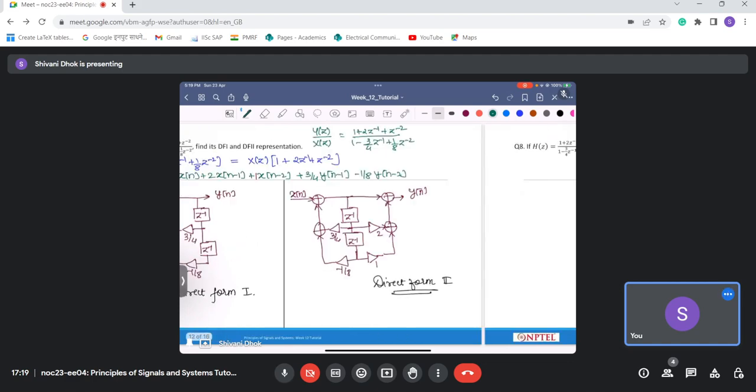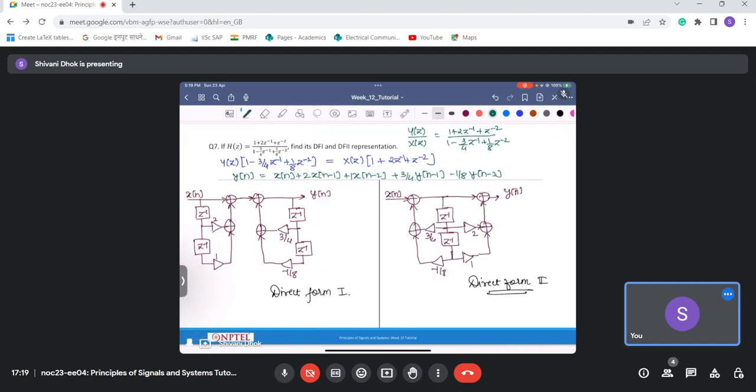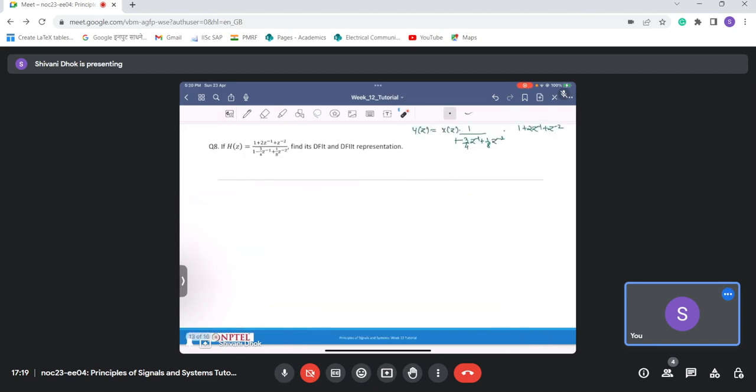This representation is very similar to my direct form 2. The only difference is I'll change the position of this delay from here to here. So what I'll get is something like this.